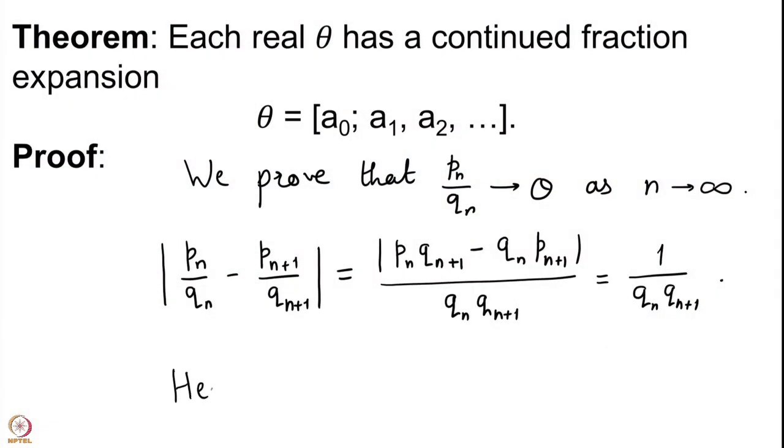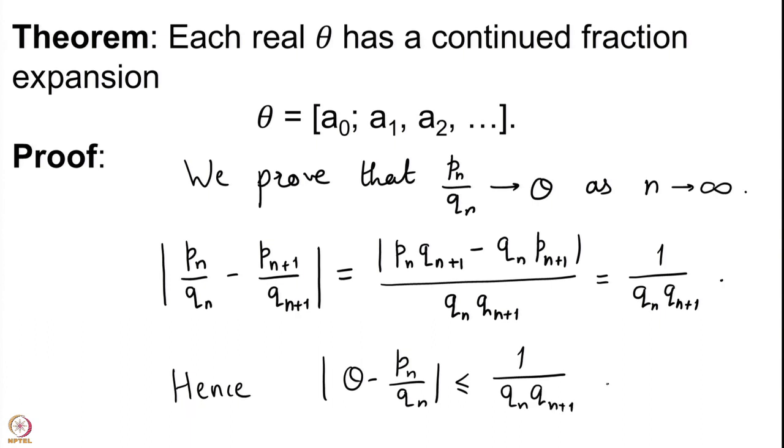Now, theta is sandwiched between the successive convergents. Therefore, the distance of theta from any of these two is going to be less than the distance of these two successive convergents. Therefore, mod of theta minus Pn by Qn is less than or equal to 1 upon Qn Qn plus 1.